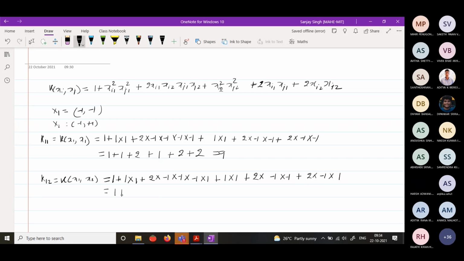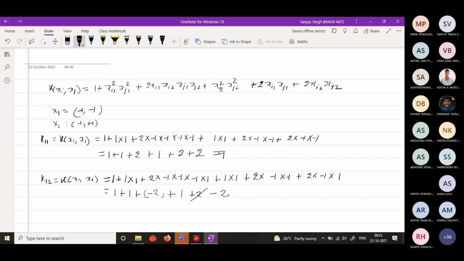Now 1 plus 1 plus. Here the number of minuses is odd, so basically this becomes -2, plus 1. And this minus minus is plus, so this remains plus 1. So this becomes 2, and this is minus, so this becomes -2.